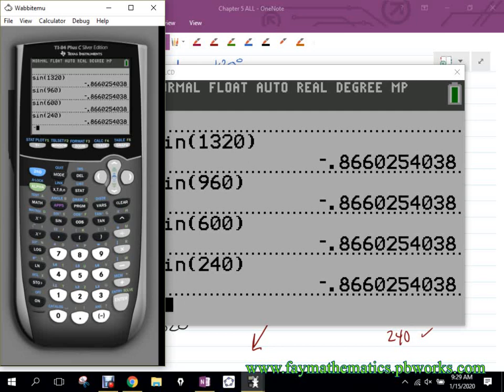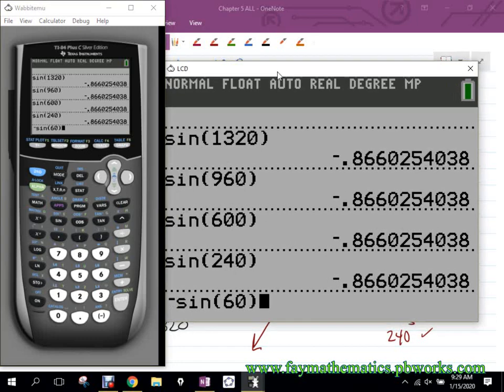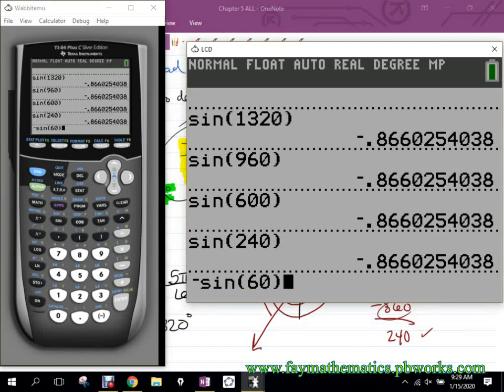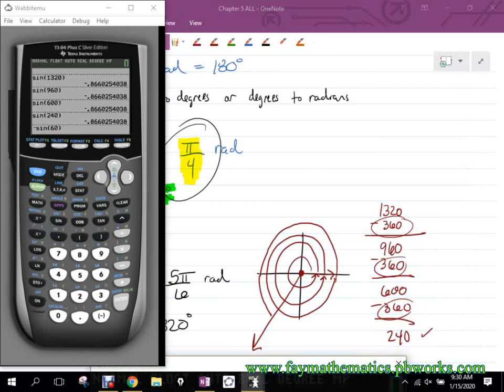So what I'm actually going to do is take negative sine of 60. Eventually you're going to be able to visualize that when I have a 240 degree angle, I'm thinking of a 60 degree angle. If you look at just this angle right here, isn't that 60 degrees?